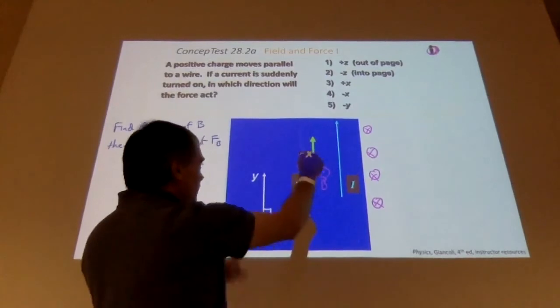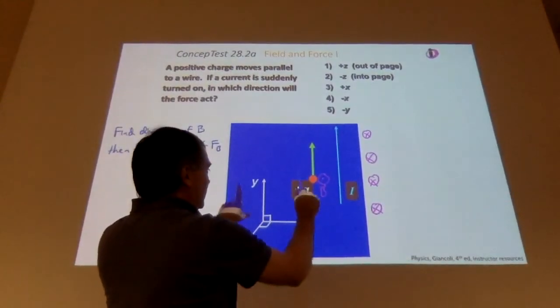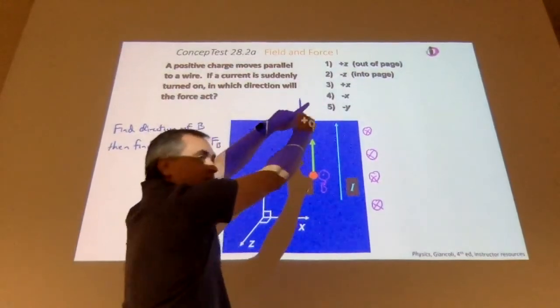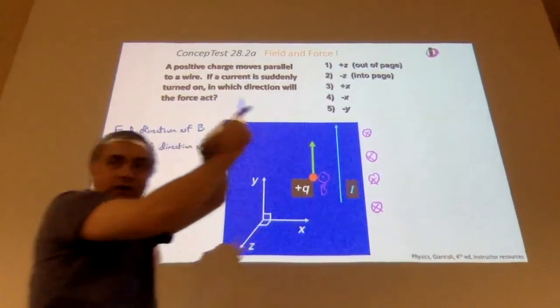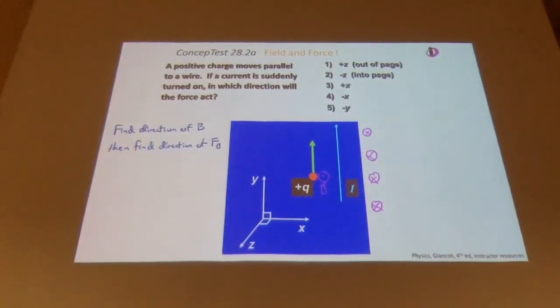So with the current going this way and with the charge going directly next to it, it's going to feel a force that makes it turn toward the wire, all right? So our answer here is positive X. Do we need to do that again? The second part. So for this part we're using F_B equals Q V cross B. So this is fingers.